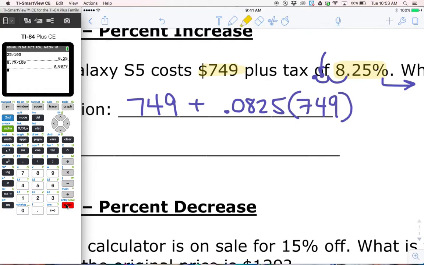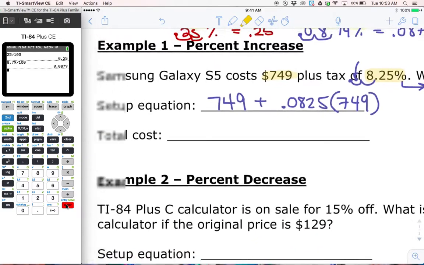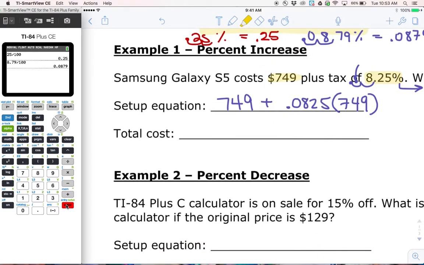Notice that you'll always have these numbers matching in these problems. Now I really think it will help us understand better if we understand what kind of number this is going to give us. It's just supposed to be tax. It's not supposed to be that big of a number, but it looks like it would be because I'm multiplying by 749.